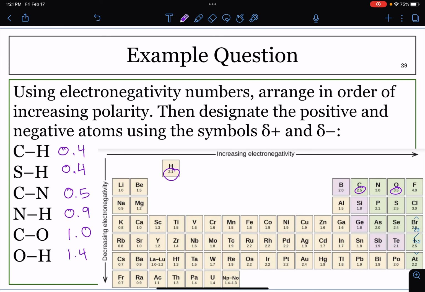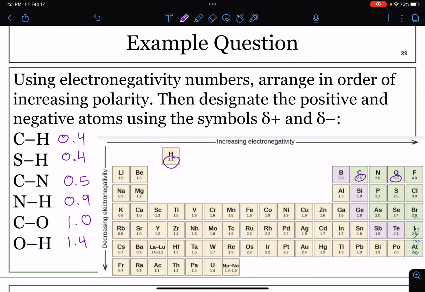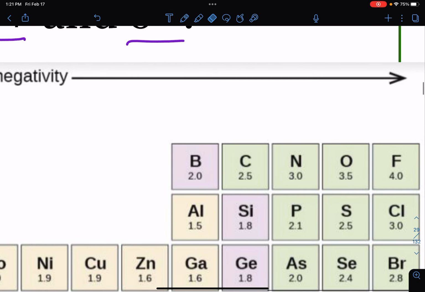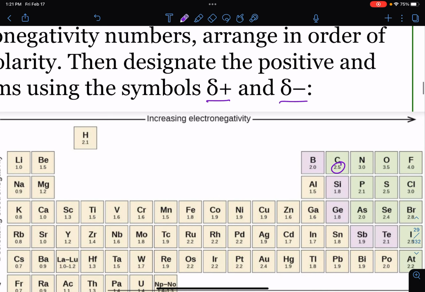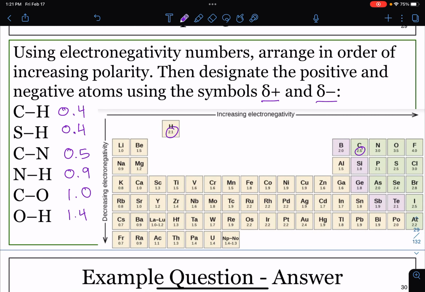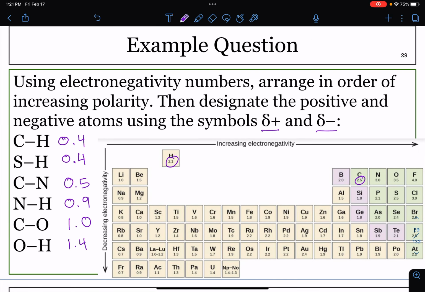All right, let's use the partial positive and partial negative symbols on each of the atoms. Because carbon is more electronegative, its number is greater. Let's look at that. Carbon is 2.5 and hydrogen is 2.1. Carbon has the higher number, therefore it is more electronegative, so it will have the partial negative symbol, and the hydrogen has the partial positive.